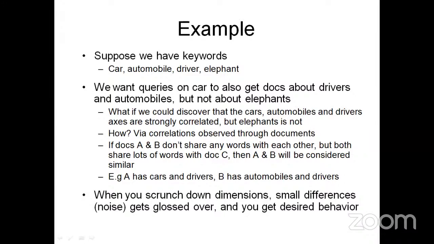If docs A and B don't share any word with each other, but both share a lot of words with doc C, then A and B will be considered similar. Example, A has cars and drivers, B has automobiles and drivers. So in this manner, you can correlate. When you scrunch down dimensions, small differences or noise get glossed over and you will get the desired behavior.